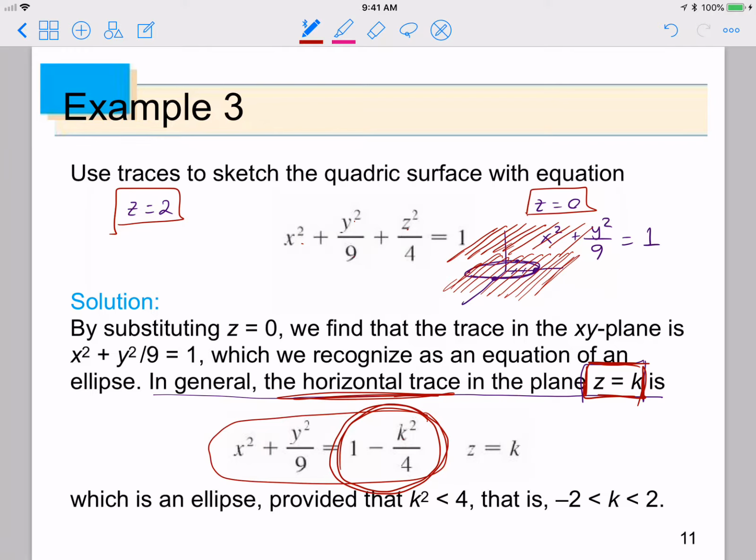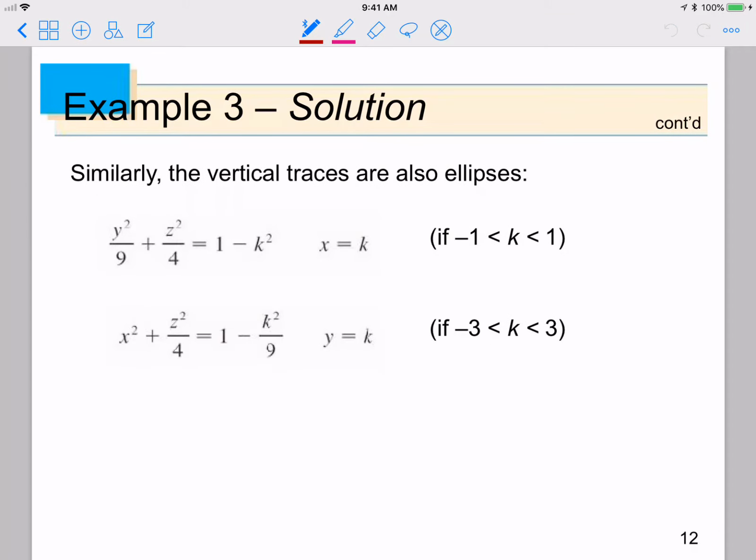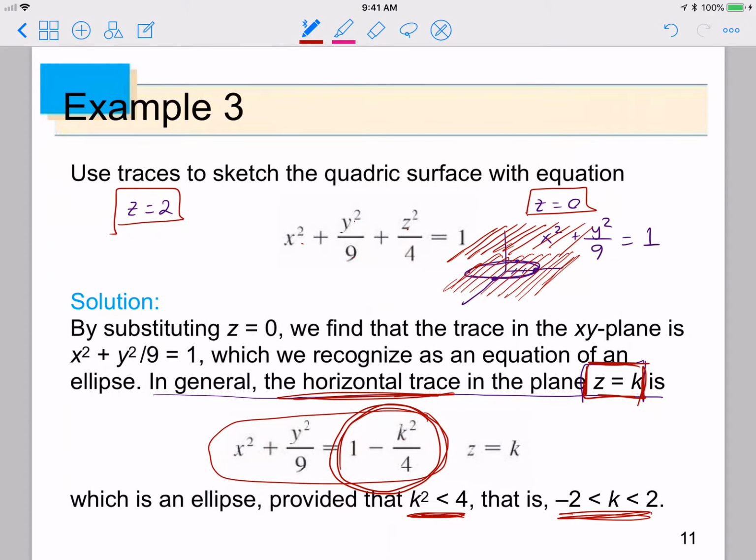We need it to be positive. For that to happen, we need k squared to be less than 4. So k needs to be in between negative 2 and 2. If k is in between negative 2 and 2, remember these are our traces for z, that means we have an ellipse.